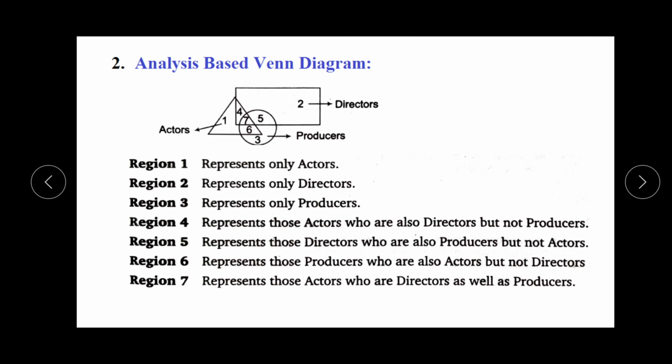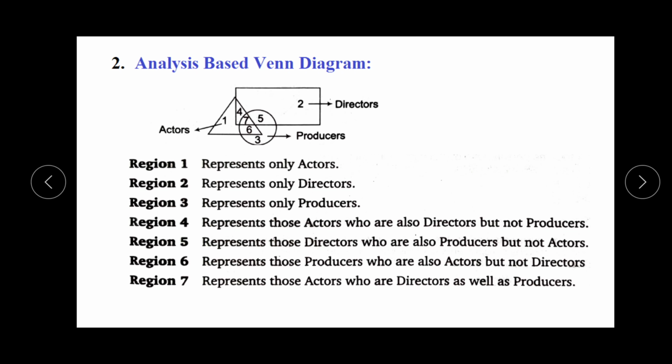Clearly from here, region 1 shows that these are only actors. Region 2 represents only directors. It means in this region, these are only directors, not producers and not actors. Region 3 represents only producers.